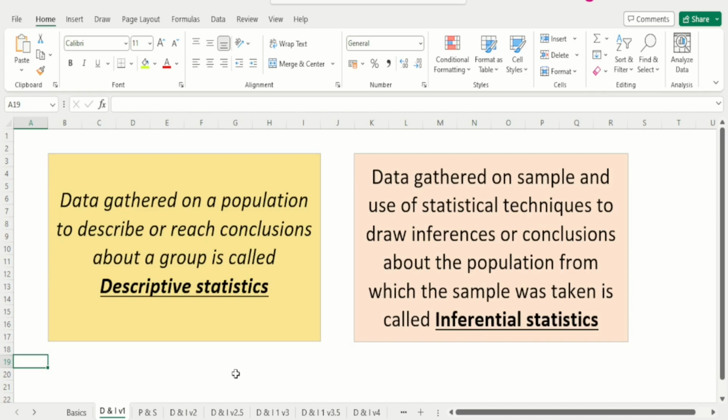Descriptive statistics, as the word descriptive suggests, is aimed at describing a data set or a set of values in the best possible way, such that one can then derive conclusions or get a concrete idea as to what the data set is like. On the other hand, when we talk about inferential statistics, we may or may not have access to values of all the data points in the data set.